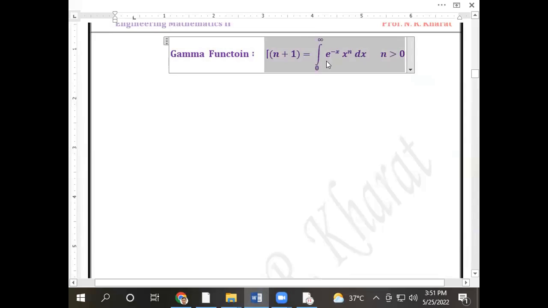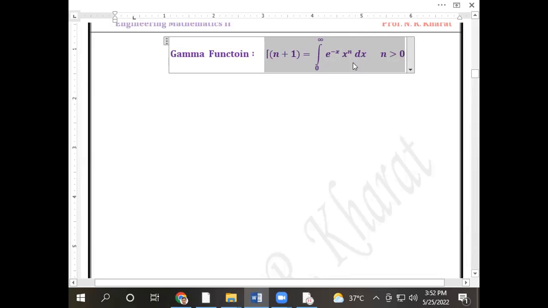In this definition, we observe that the exponential function whose index is minus the variable of integration is multiplied by x raised to n, meaning the variable raised to n.